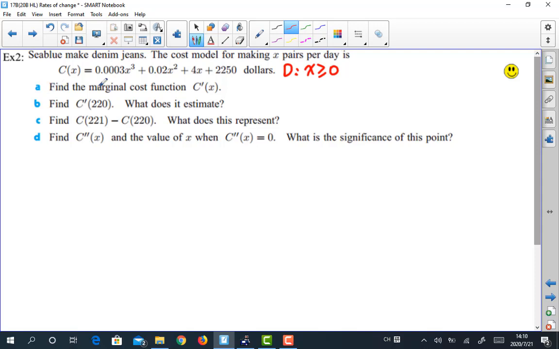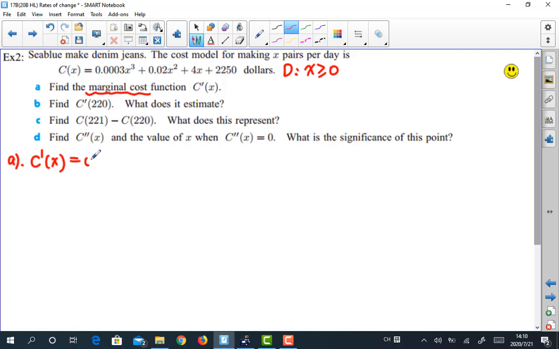So find the marginal cost. What is the marginal cost? Why do we need to know the marginal cost? Anyways, they use this notation to remind us, okay, the marginal cost function is just C prime X. So we look at this notation, we should be able to find C prime X easily.